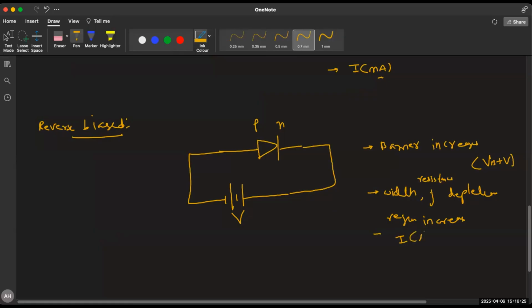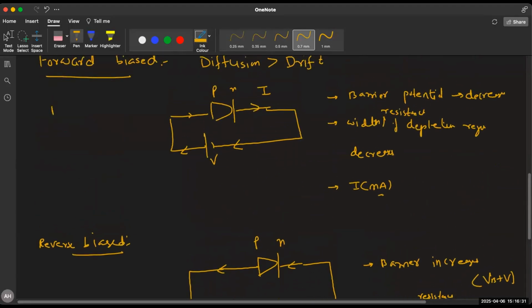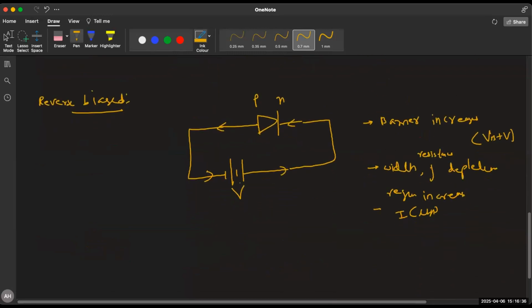Very small current flows in the circuit, which is in microampere. The direction of current is reversed compared to the forward bias. In forward bias, current is from P to N, but in reverse biasing, current is from N to P.